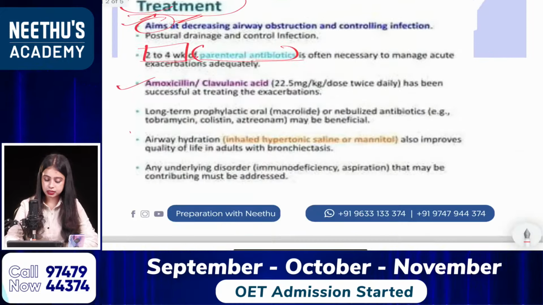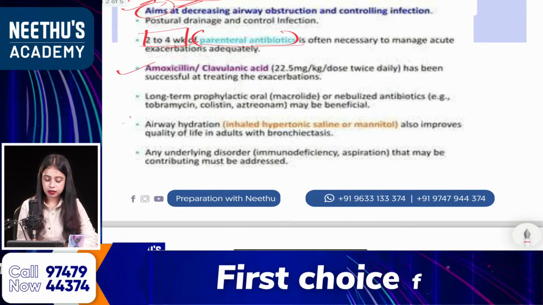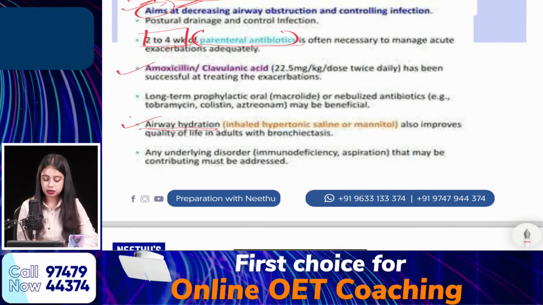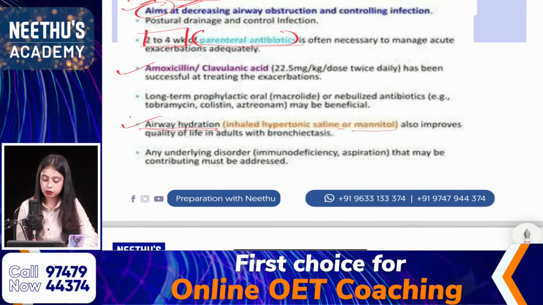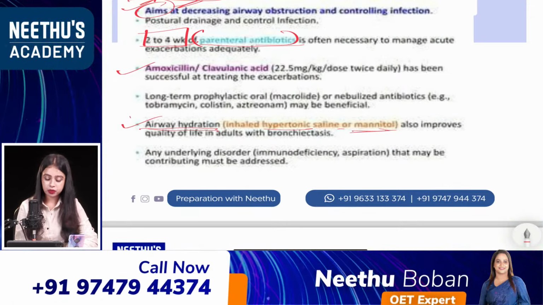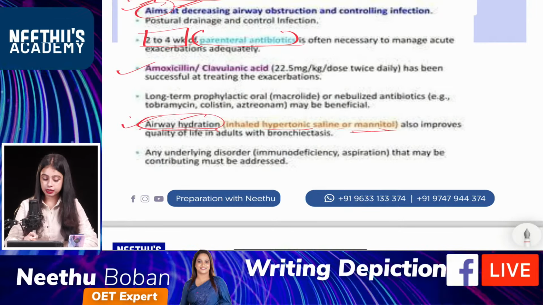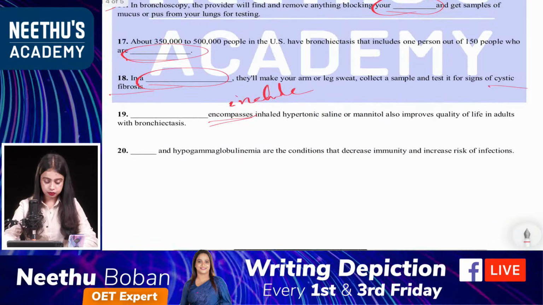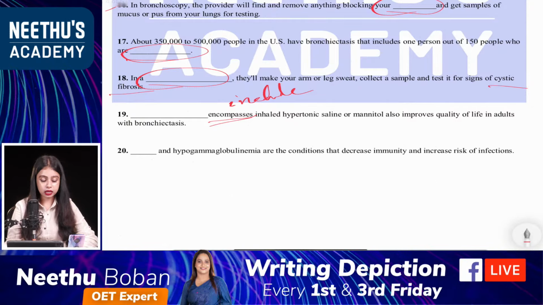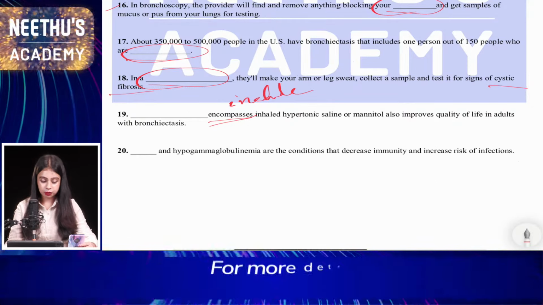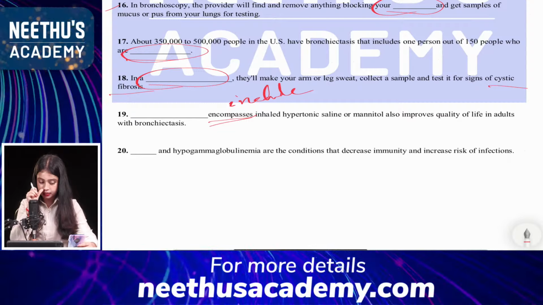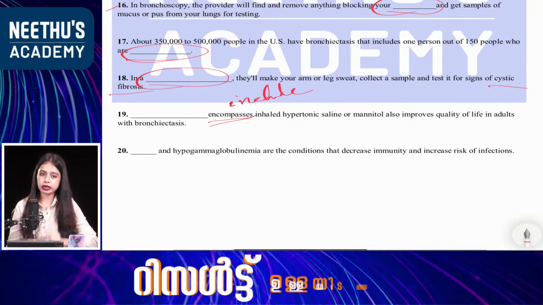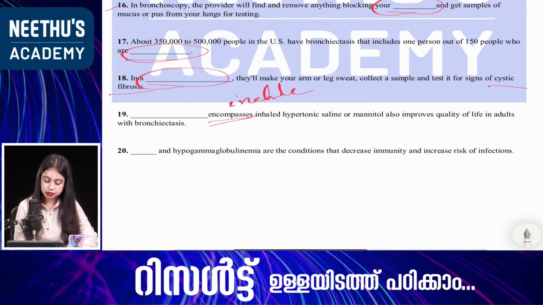That's from text D. The answer is here: airway hydration, inhaled hypertonic saline or mannitol. So those are the keywords. So answer is airway hydration. Okay. Yes, Akku, Jissa, Caroline, Reshma, Anu, and Anmol. Okay, Aisha, it's airway hydration. Okay, Nazia, correct answer.